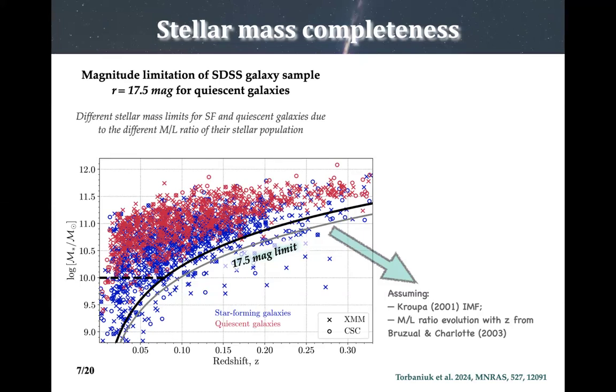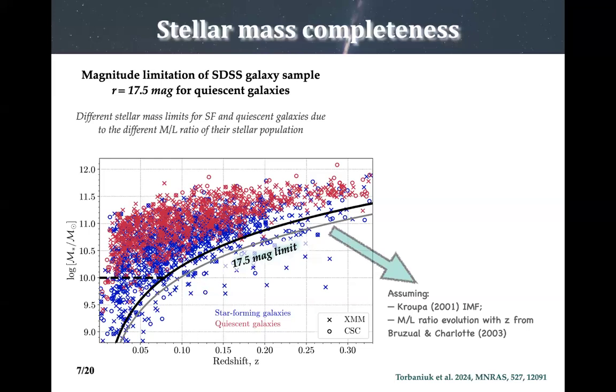This is the gray line, the limit of our SDSS sample. As we see, it's actually not working very well, but the problem is that in this plot we don't have the entire SDSS sample, just the part which has X-ray counterparts. So some of the ellipticals just disappear from this range for some reason.